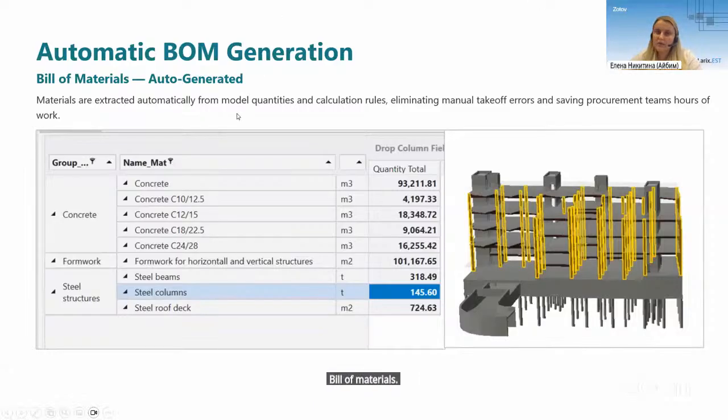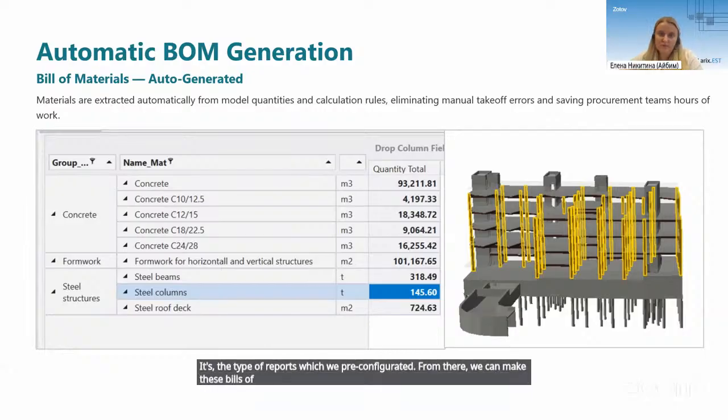It's one type of report. You have this in your project, and you can open it and see this. It's the type of report which we pre-configured. From there, we can make these bills of materials in seconds.